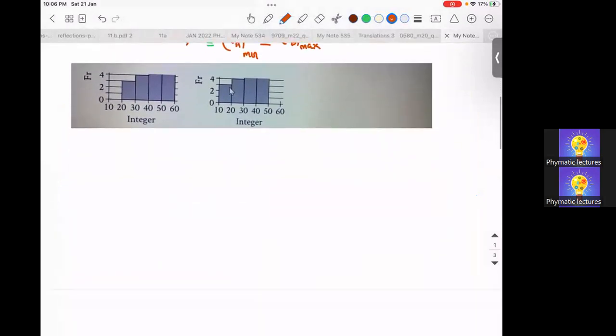We'll consider the histogram of data set A. Fortunately or unfortunately, there is no value for 10 to 20. But how will you find the total value, because we don't know the integers?